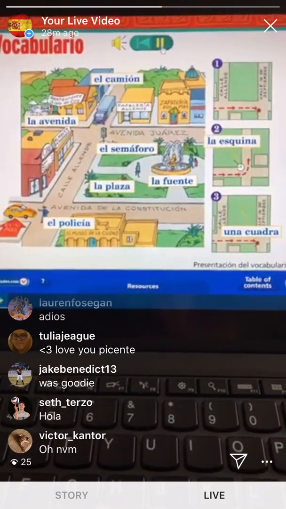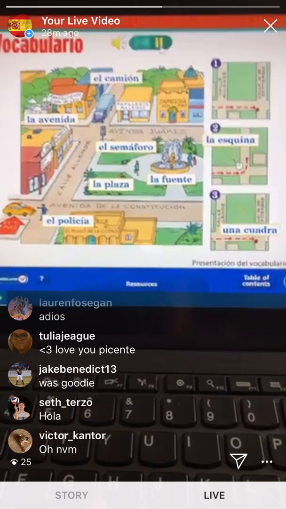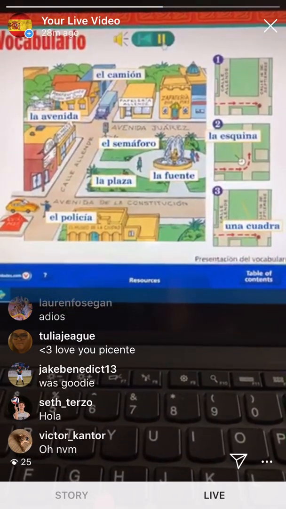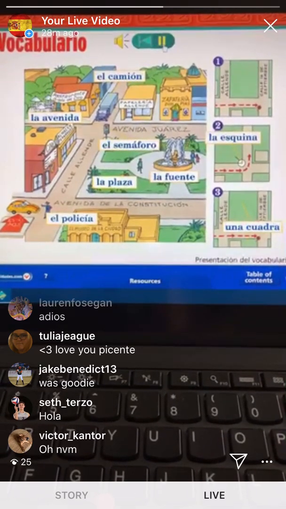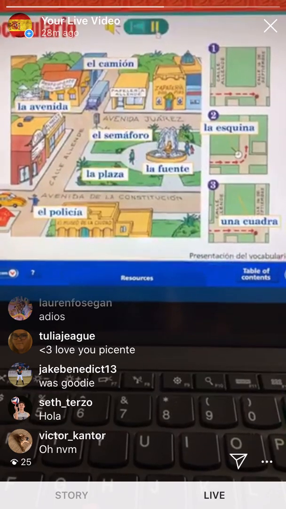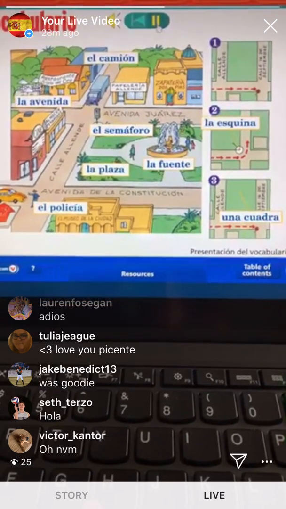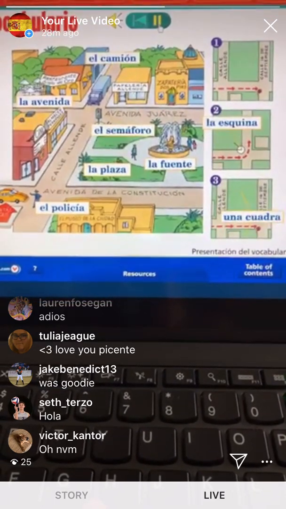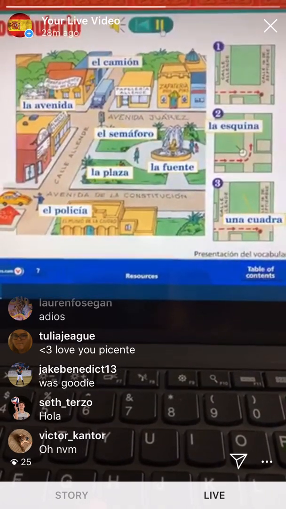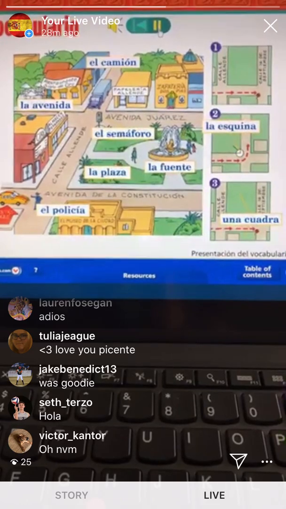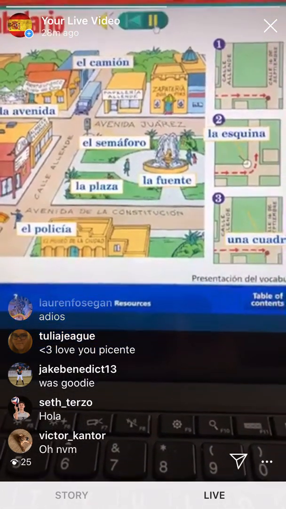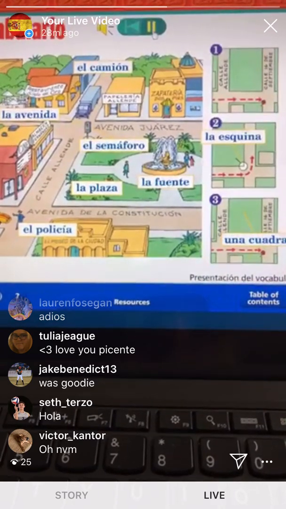El camión. Truck. El camión. La avenida. Avenue. La avenida. El semáforo. Stoplight. El semáforo. La fuente. Fountain. La fuente.